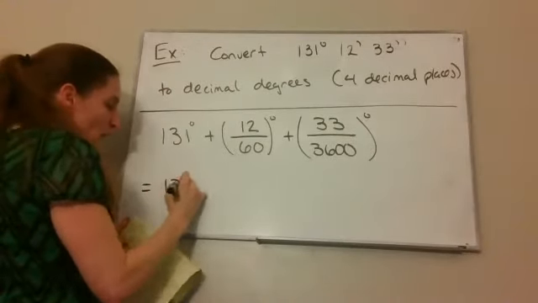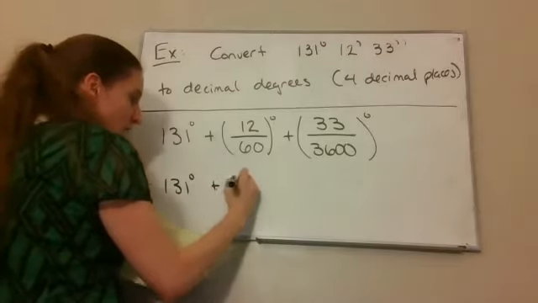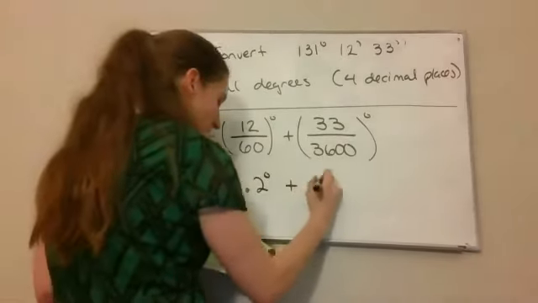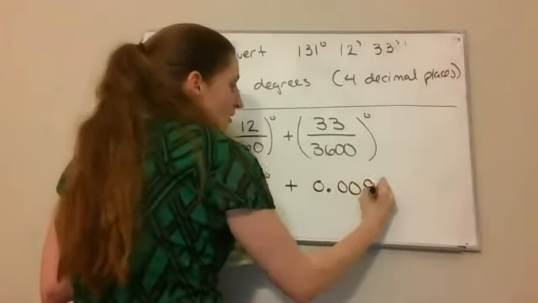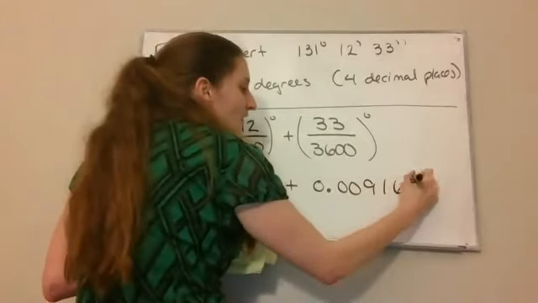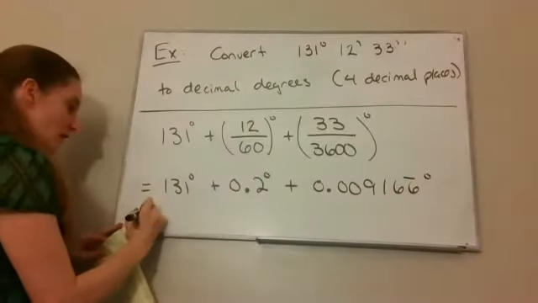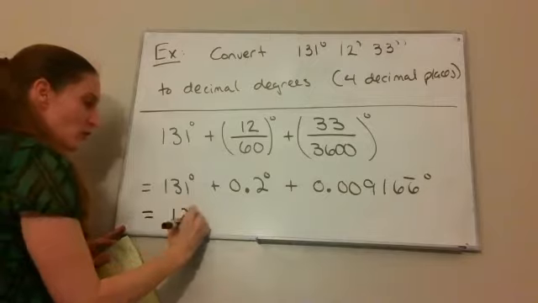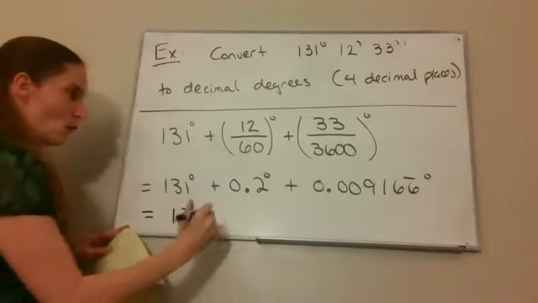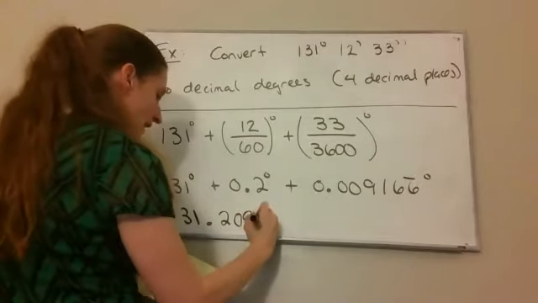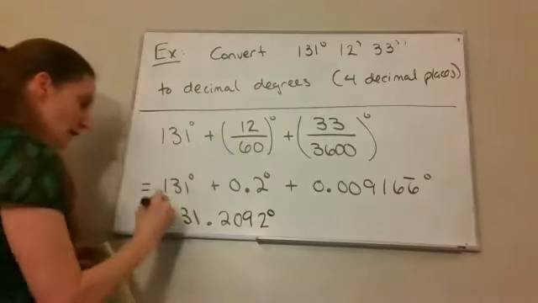I have 131 degrees plus 0.2 degrees. And this last guy is 0.009166, and the 6 just repeats forever, degrees. So adding this up and rounding it to just 4 decimal places, I get 131.2092 degrees.